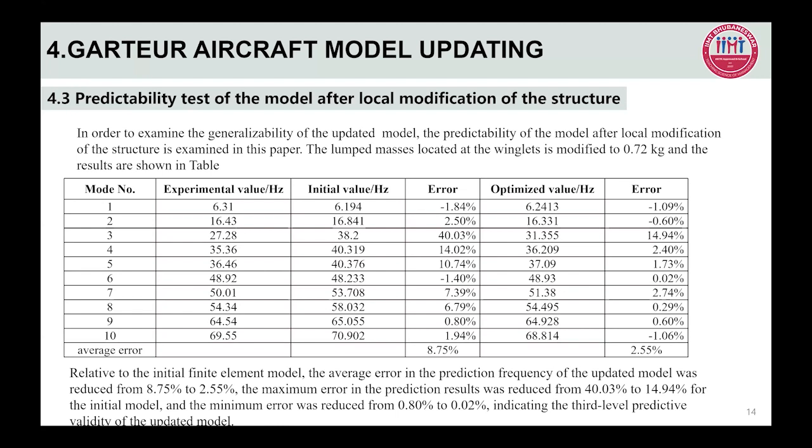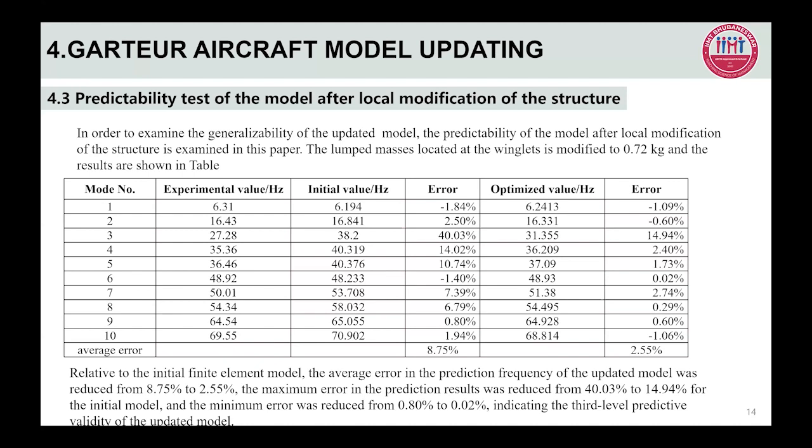The lumped mass located at the wing length is modified to 0.72 kilogram, and the results are shown in the table. Relative to the initial finite element model, the average error in the prediction frequency of the updated model was reduced from 8.75% to 2.55%.